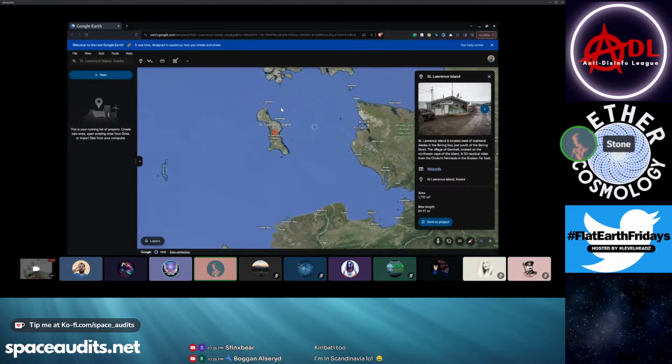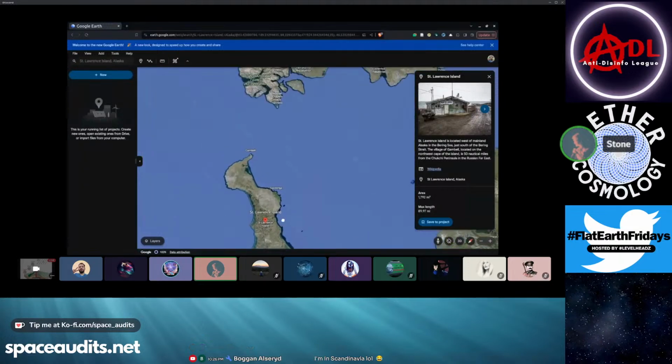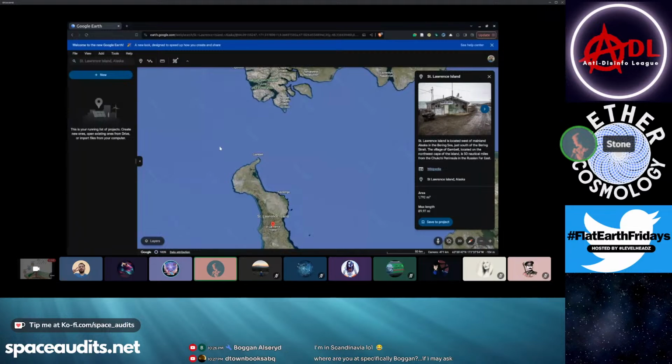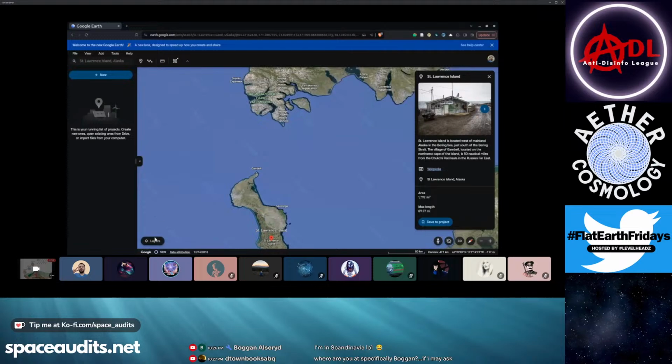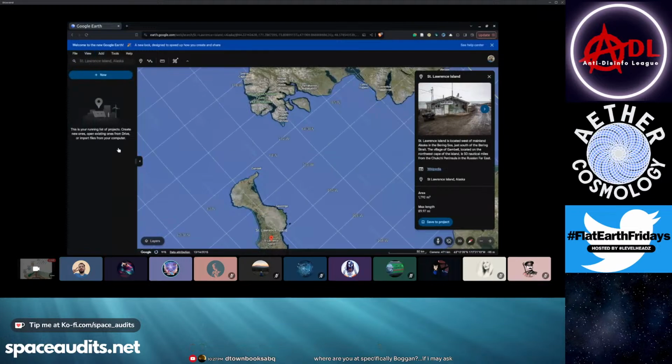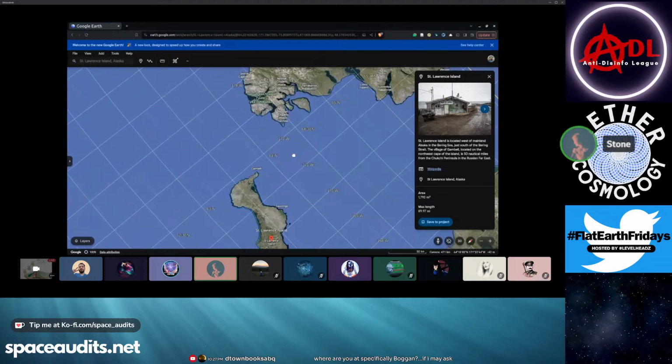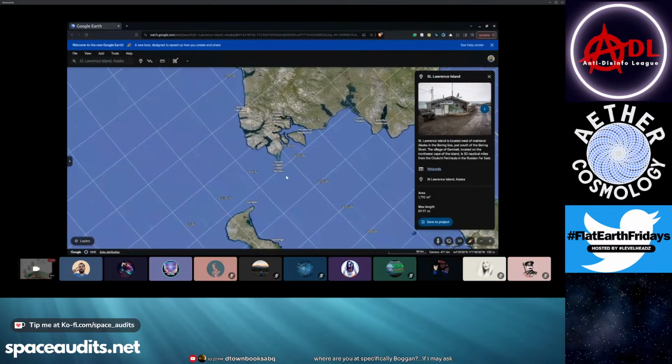But it would be good to put the grid on if you have a possibility to do that, the north-south grid, so that you can see that line of longitude. I don't actually know how to do that. Here we go. Boom. Wow.